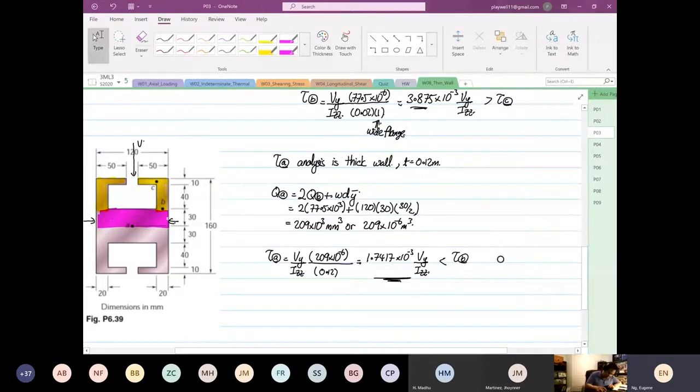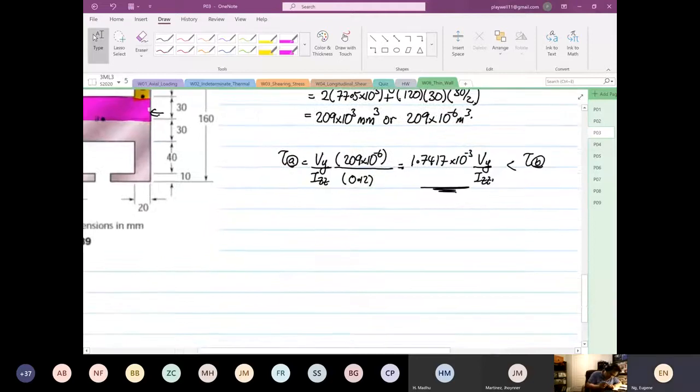So therefore, the shear stress at point B is equal to our tau max. So like what we have done before, the tau max is equal to 75 times 10 to the power 6.